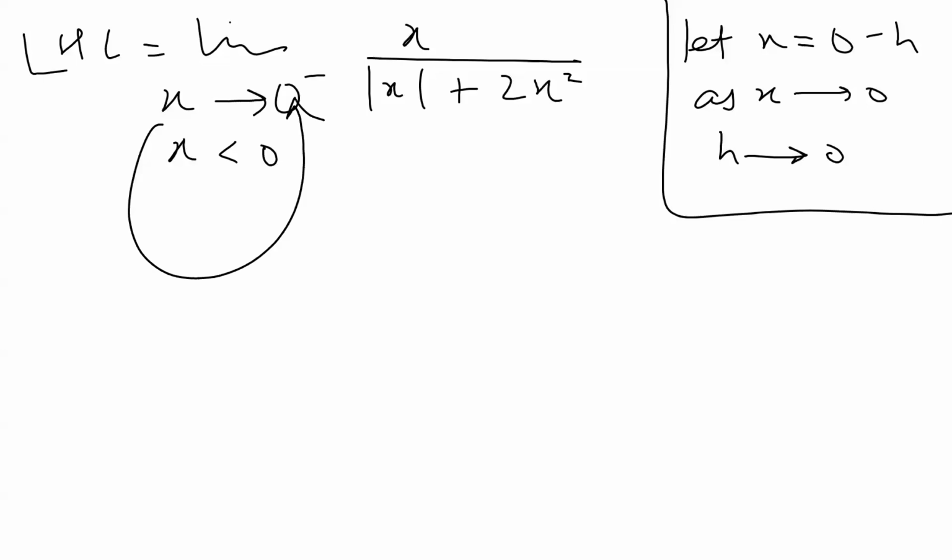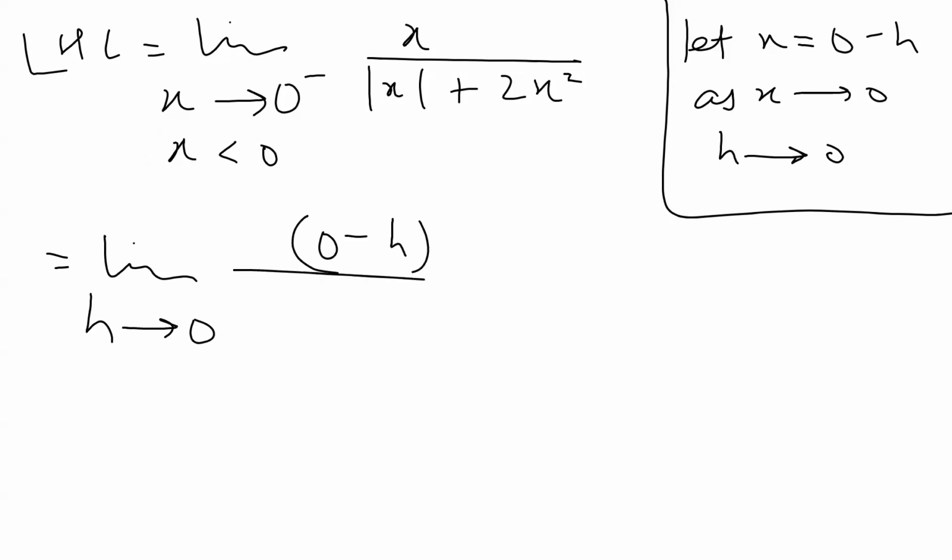As x approaches 0, h will also approach 0. So limit h approaching 0, (0 minus h) upon modulus of (0 minus h) plus 2 into (0 minus h) the whole square.